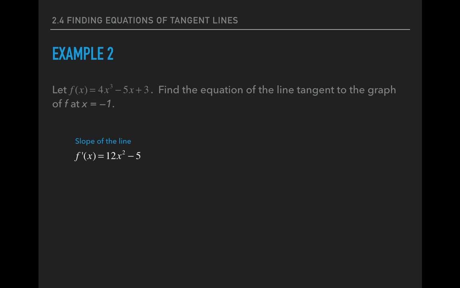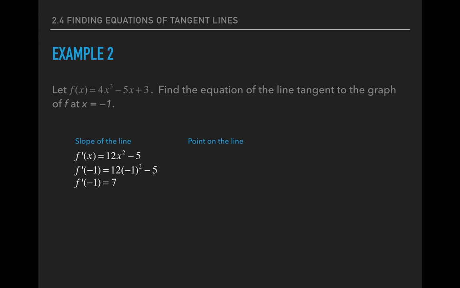So the derivative of our f function, f prime, is 12x squared minus 5. And we are concerned with the x value of -1. So we'll plug that in to find the slope at that point. And that will give us 7. So the slope of our tangent line at -1 is 7.